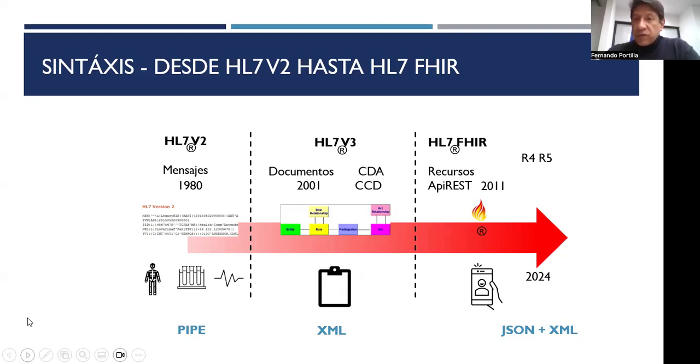Something else that's also important, and that's a difference between FHIR and the previous versions, is that FHIR, as providing a service, is also an interoperability mechanism in itself. That is to say, it also gives the possibility of exchanging data.